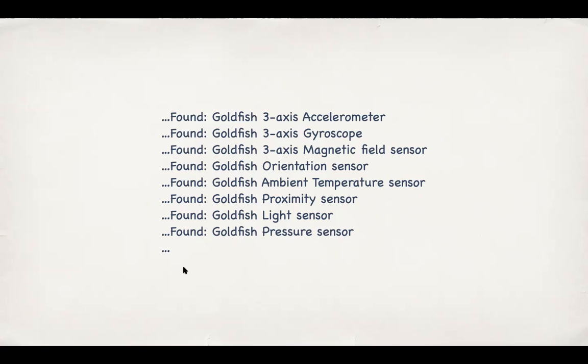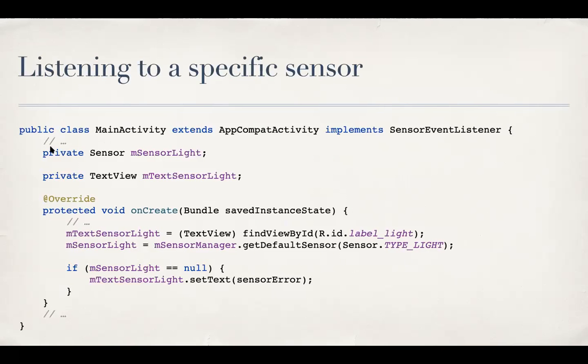Next, we'll look at how to listen to a specific sensor with the example of the light sensor. So in the same main activity, I'm hiding some things here which we have already used. Now we create a reference for the light sensor. Its type is sensor, as we discussed in one of the previous slides.